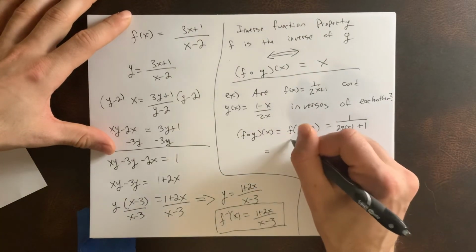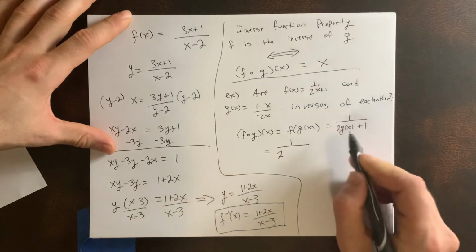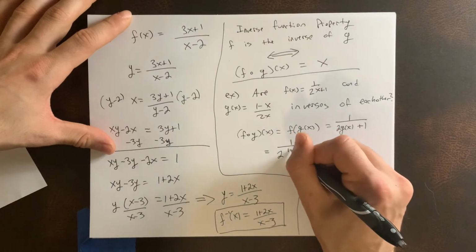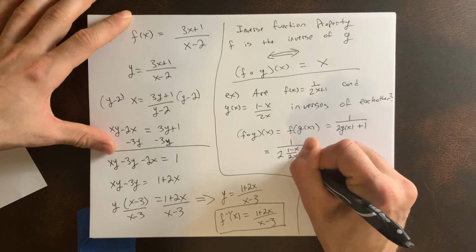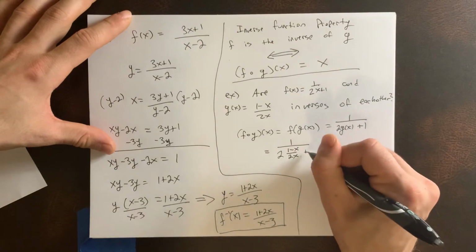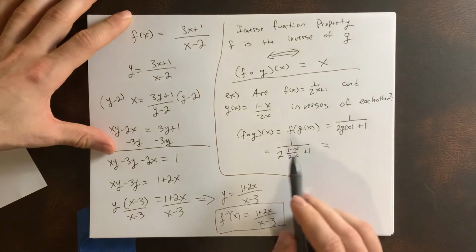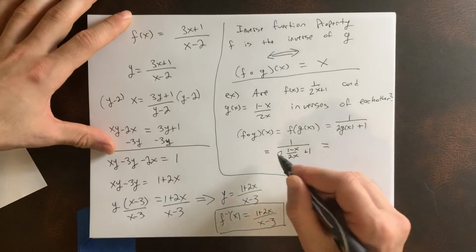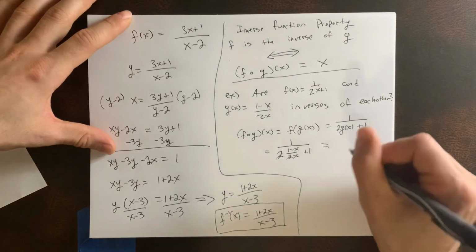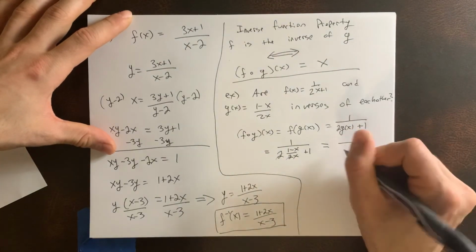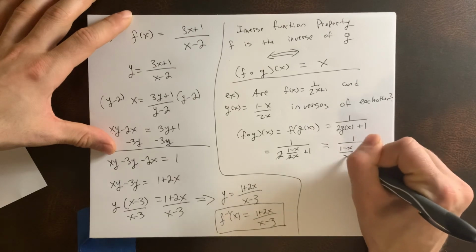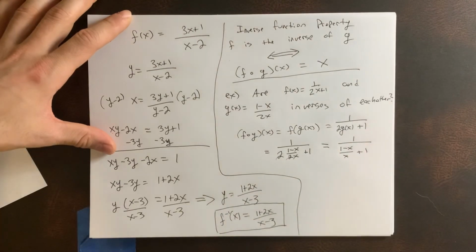So this is going to be 1 over 2 times that piece, (1 minus x) over 2x, and we still have our plus 1. So notice here we have a 2 on the top and a 2 on the bottom. So these 2's can cancel each other out. So what we have is 1 over ((1 minus x) over x plus 1).